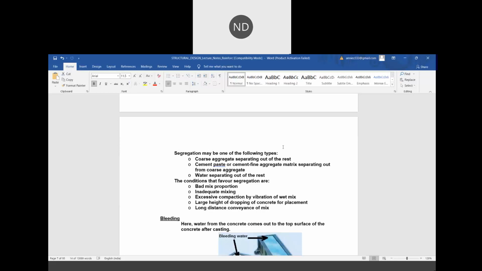Okay, sorry. So what I was telling you: segregation may be one of the following. What is segregation? Segregation can happen from your material.